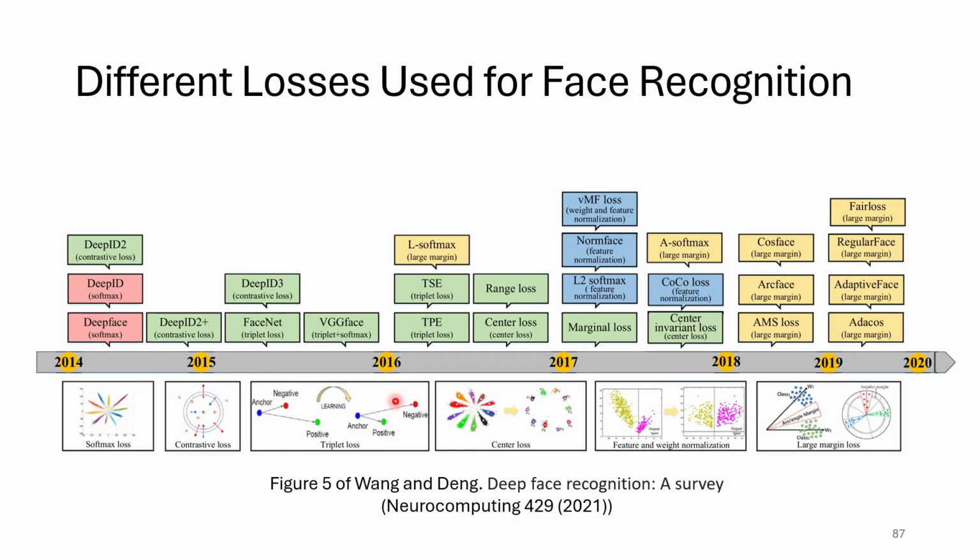This loss function is more useful than the softmax or cross-entropy loss function. They even introduced new loss functions, like the center loss. I'm not sure what that is.